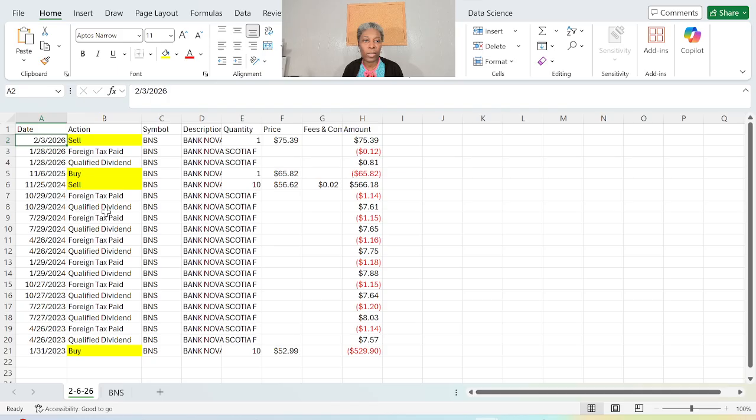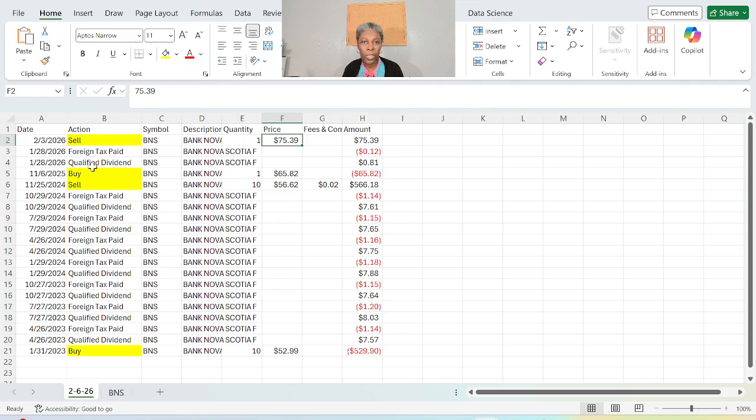When we bought it again in November 2025, we sold it pretty much February 3, 2026. How many months is that? 3 months or so. We bought it at 65 and we sold it at 75, so about $9 profit there.